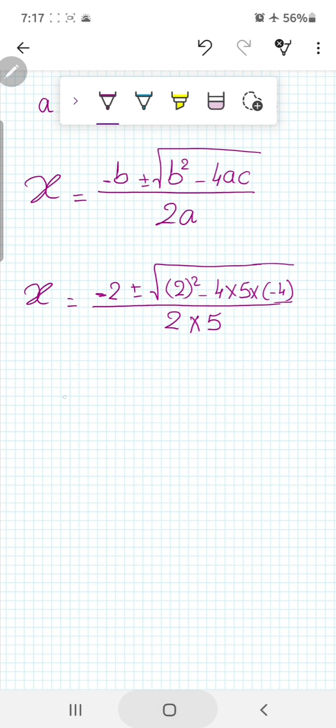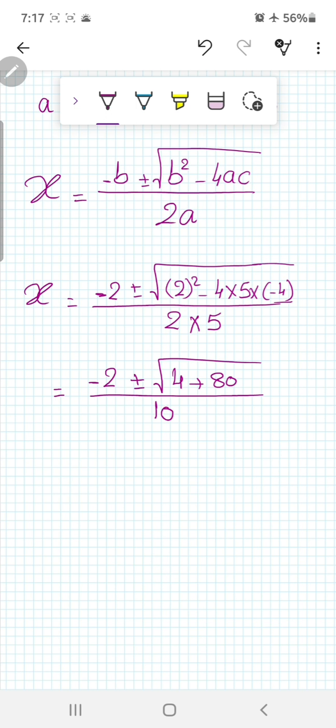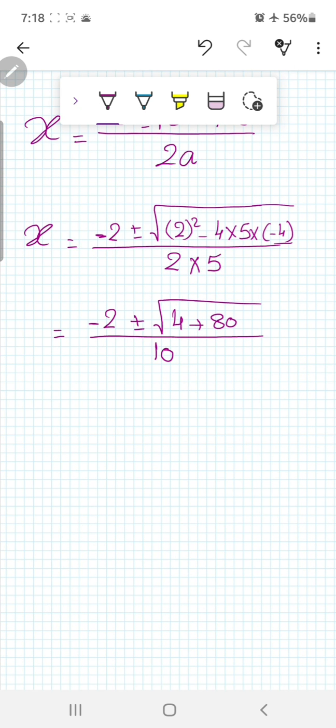Okay, as we said, get first under square root. So negative 2, positive or negative square root, 4 plus 80 over 10. Okay, 4 plus 80 equals 84. So we have negative 2, positive or negative root 84, divided by 10.